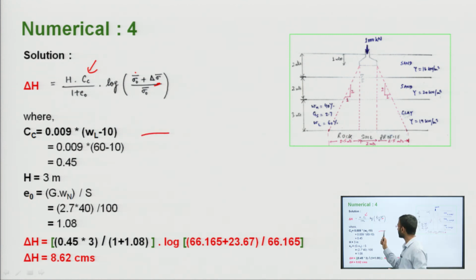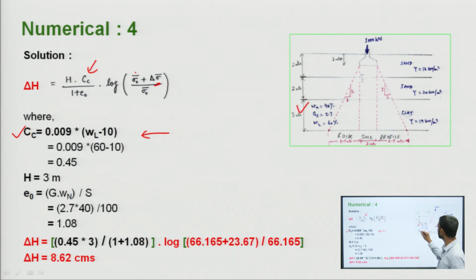So we can take the Cc value for undisturbed soil. For calculating the compression index, you know the empirical formulas, where it is 0.009 into liquid limit minus 10. The water content, G value and liquid limit are known to you for the clay layer.